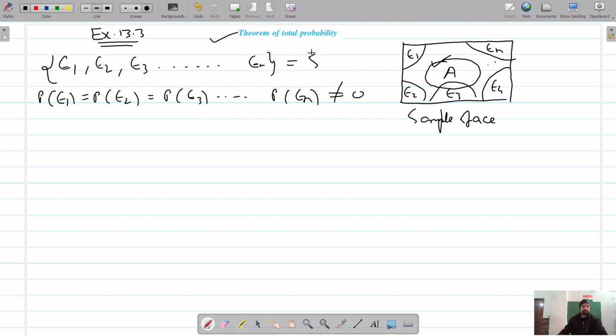So the theorem of total probability says that if we have to find the probability of this event A, because it's mentioned that it's the total, obviously we have to deal with the sum.